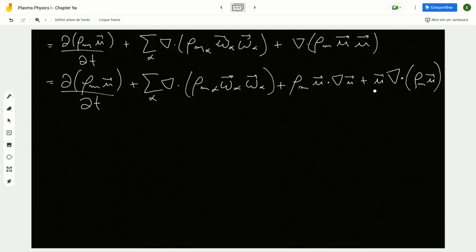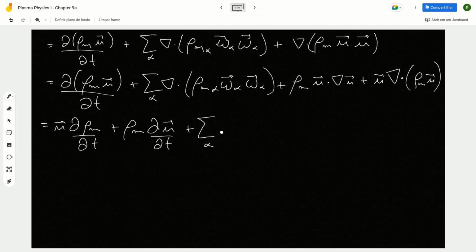It may be written like this. Okay, almost there. Now what I'm going to do is the product here. The derivative of the product is u times the derivative of the second term plus the second term times the derivative of the first term.